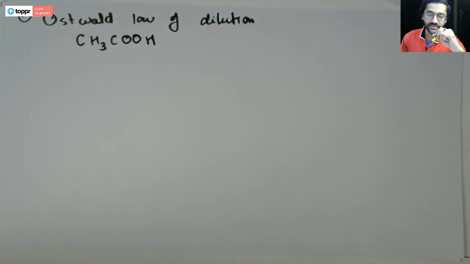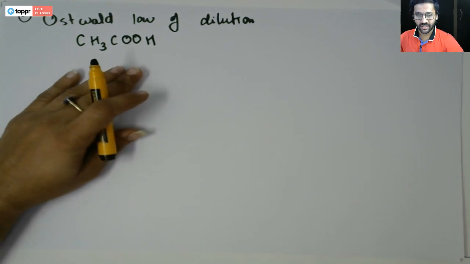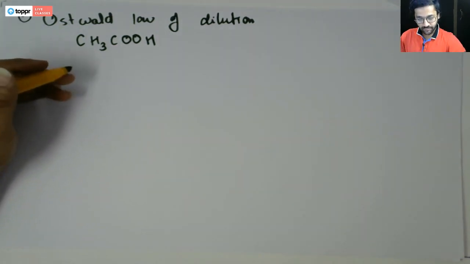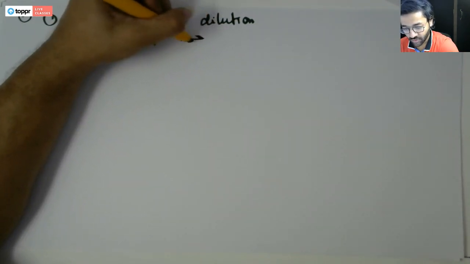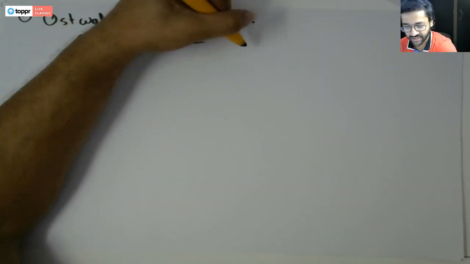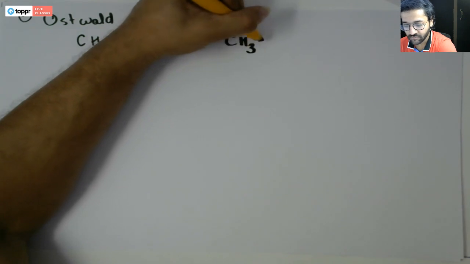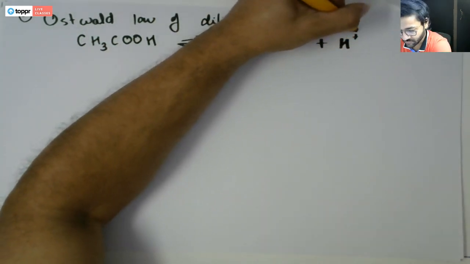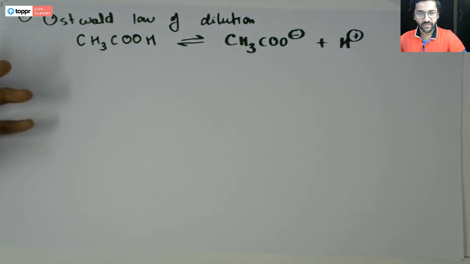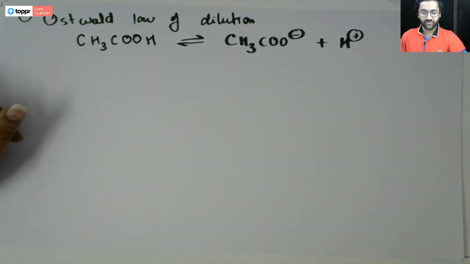What we know is that weak acids generally do not break down completely, right? Because of their weak nature, they have a degree of dissociation involved with them.